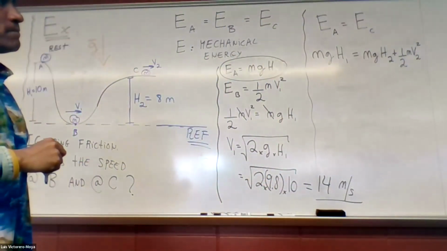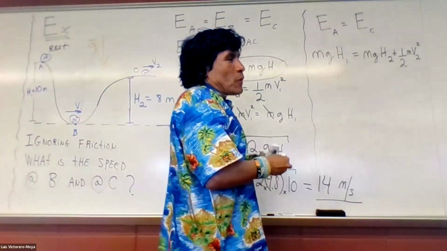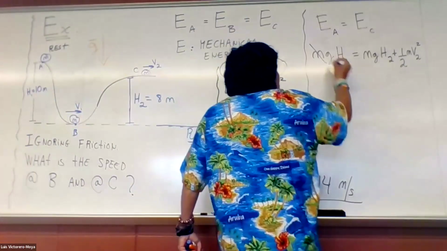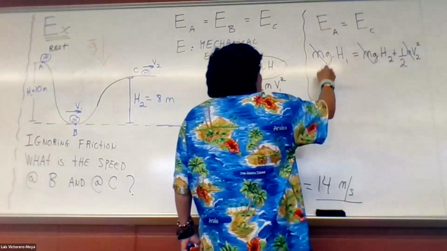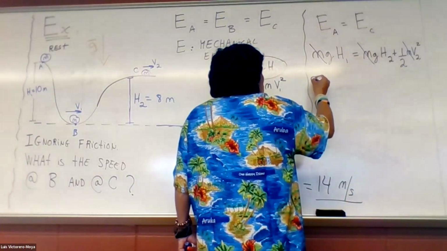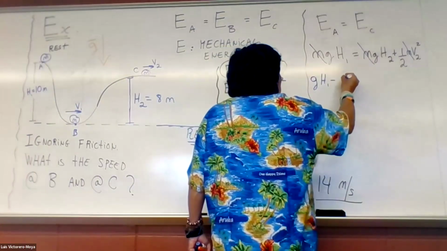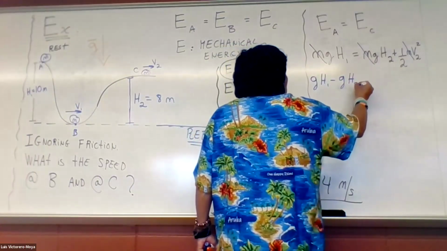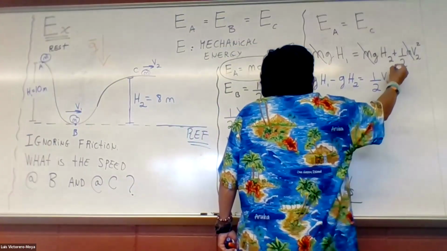Potential plus kinetic. Now, something nice about these problems is that mass is cancelled. So at the end, you just have gh1 minus gh2 equals 1/2 v2 squared.